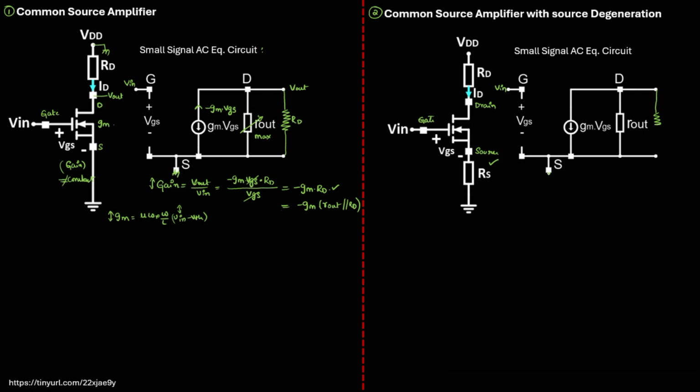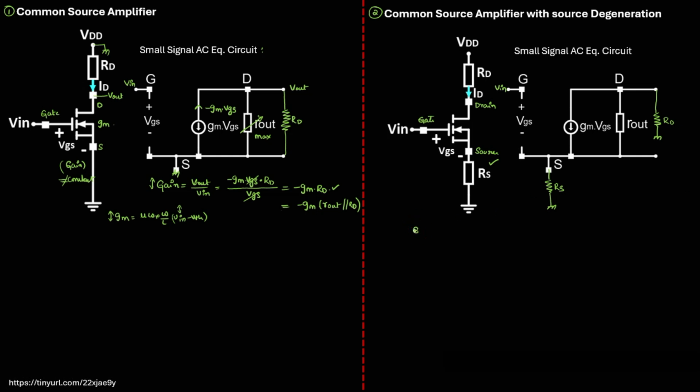Here the source is not connected directly to the ground; the source is connected to the ground through the RS resistance. This is the RS resistance. Yes, this will be my small signal AC equivalent circuit, and RD is connected to the ground.